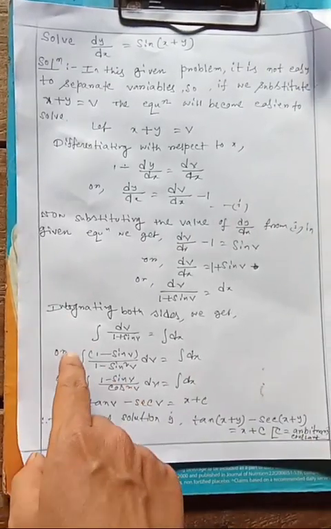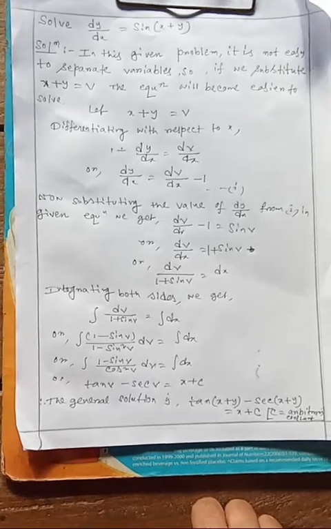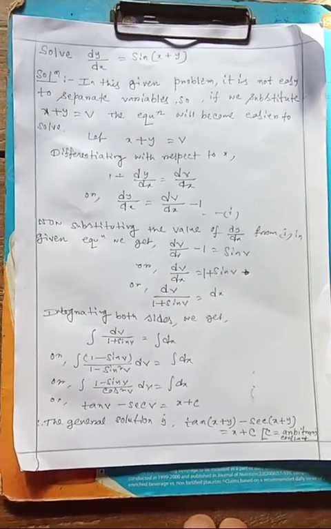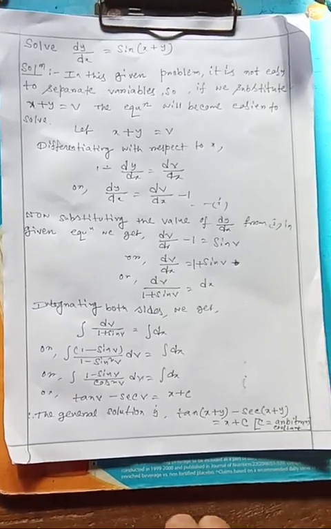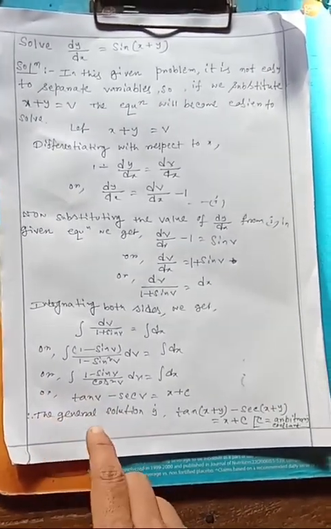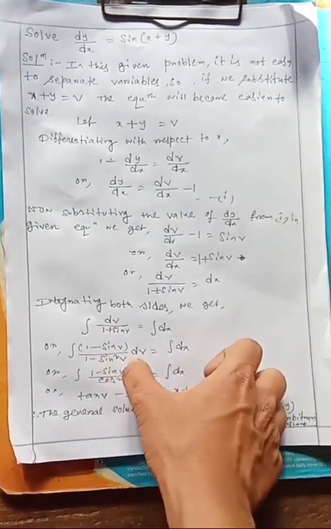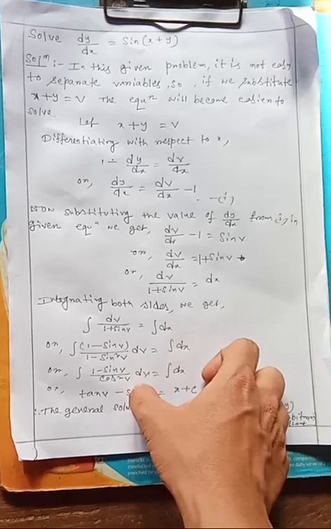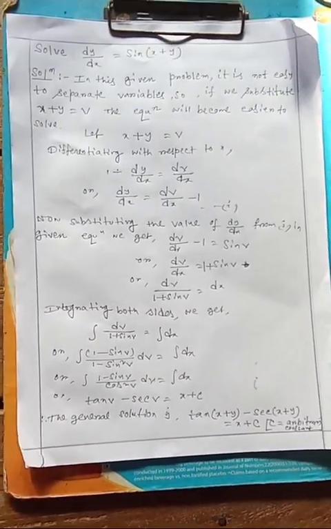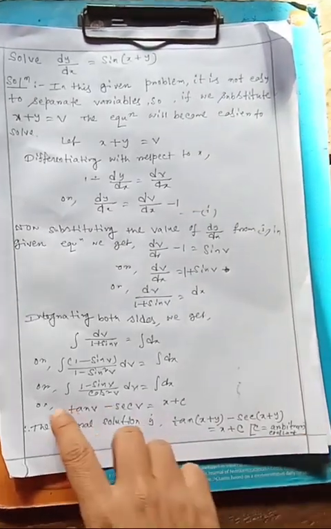So in the next line we can rewrite it as integration 1 minus sine v divided by 1 minus sine square v dv is equal to integration dx. Or integration 1 minus sine v divided by cos square v dv is equal to integration dx, because 1 minus sine square v is equal to cos square v, as sine square v plus cos square v is equal to 1.